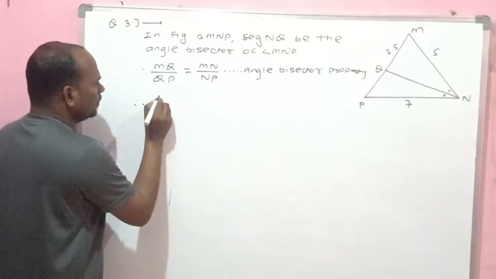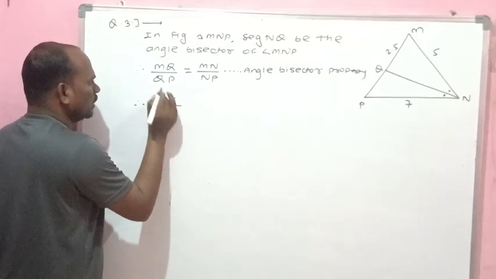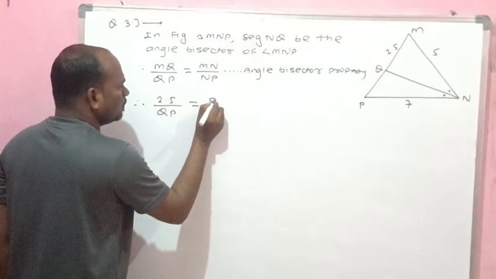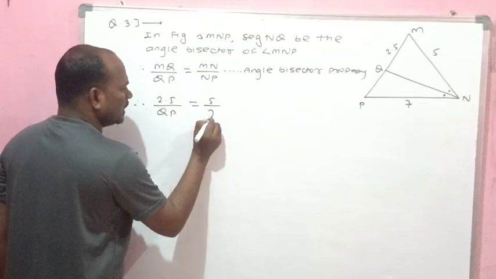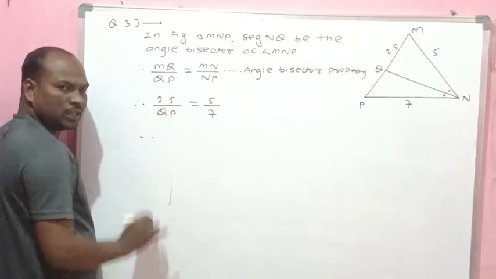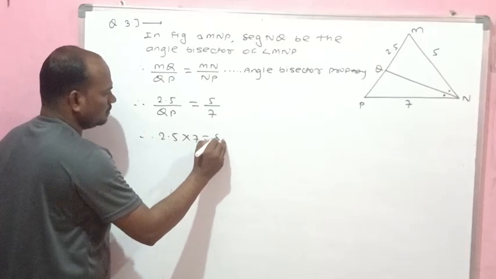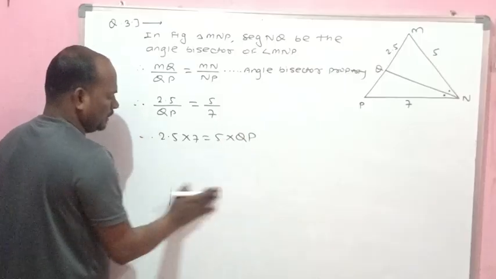Therefore value of MQ is 2.5. We can calculate the value of QP is equal to value of MN is 5 and value of NP is 7. Now take the cross multiplication. 2.5 into 7, therefore 5 into QP.